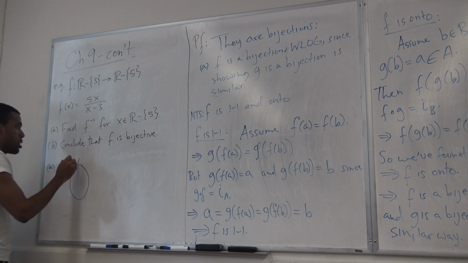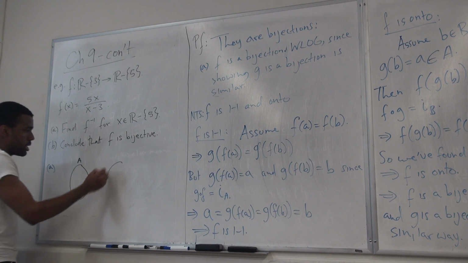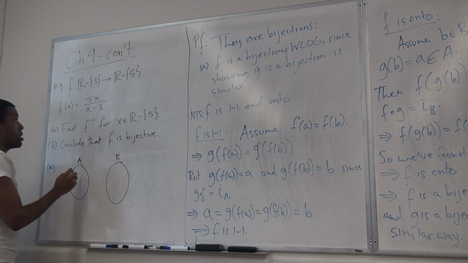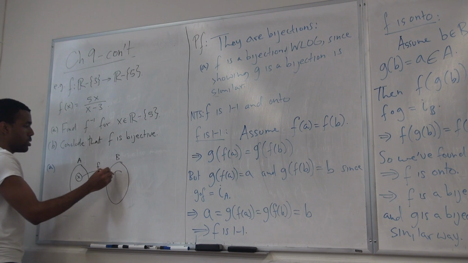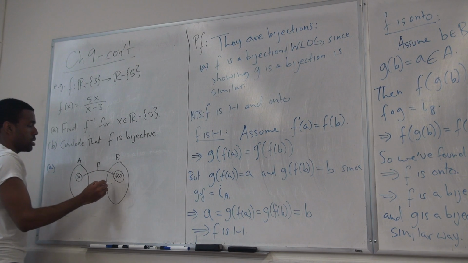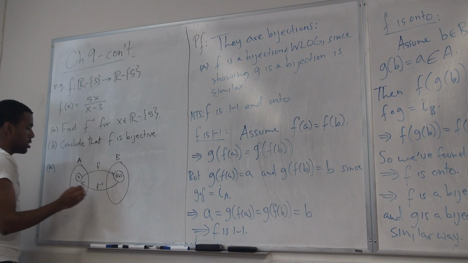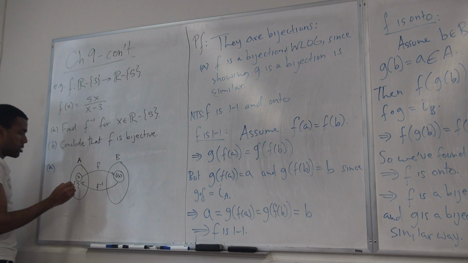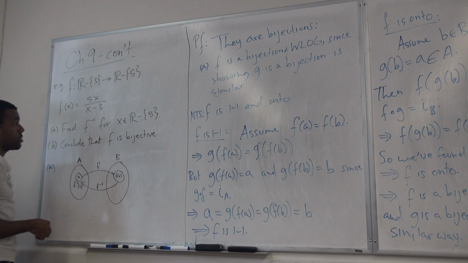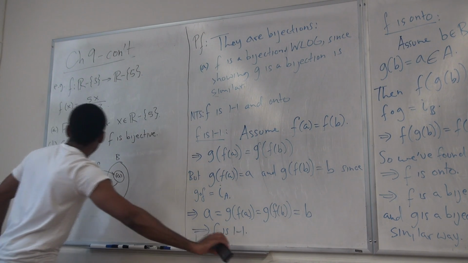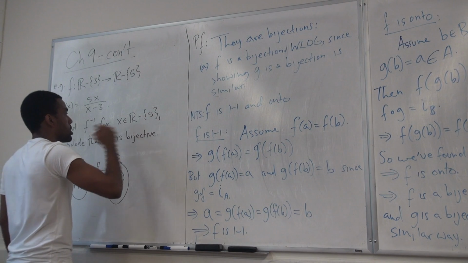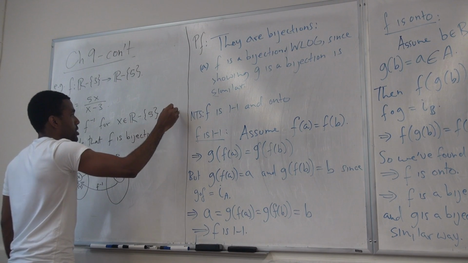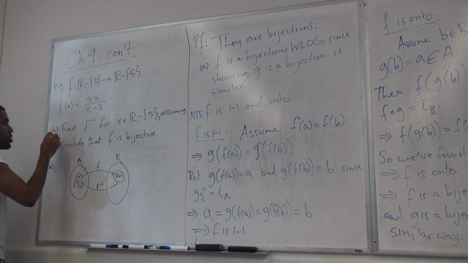So in our picture, let's say that's the set A and that's the set B. If I take this element X, it maps under F to F of X, but then under F inverse, that goes back. You can sort of think of the inverse as living there. It's sort of weird for me to just tell you to find the inverse assuming it exists, because technically you can't just assume it exists.